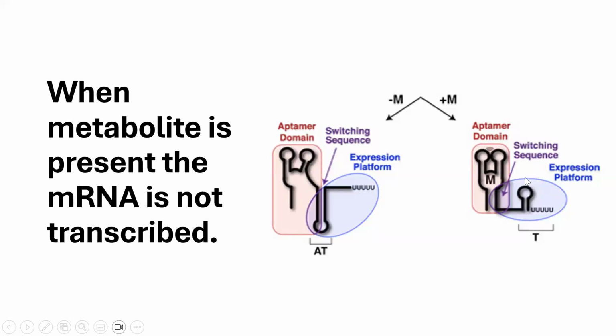However, when the metabolite comes into contact with the riboswitch, then you get this change in the shape, basically, which causes part of the sequence to be moved into what's called the aptamer domain. The important part here is when the metabolite is present, it prevents translation from occurring.